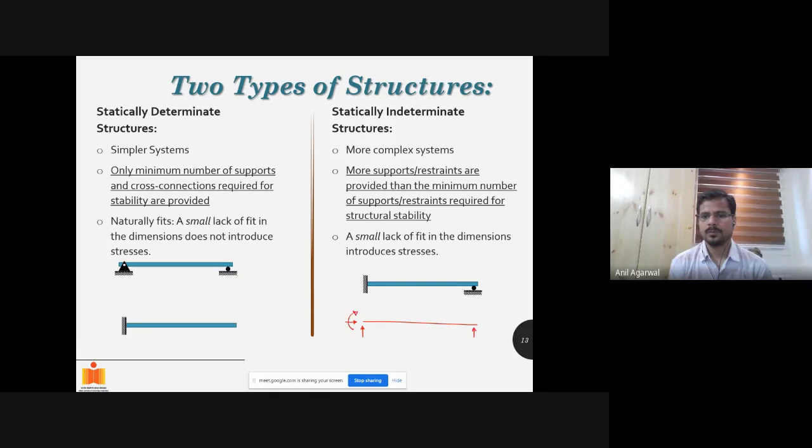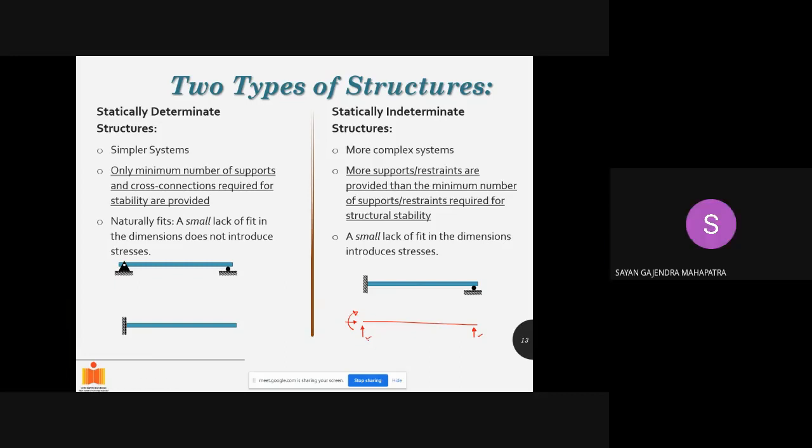Fine. So if I remove this one, no issues, it is still stable. If I remove this one, any issues? The beam will go up.